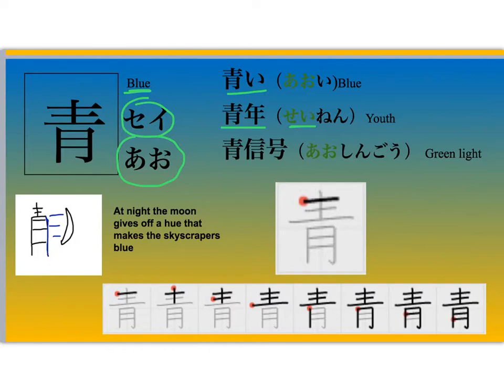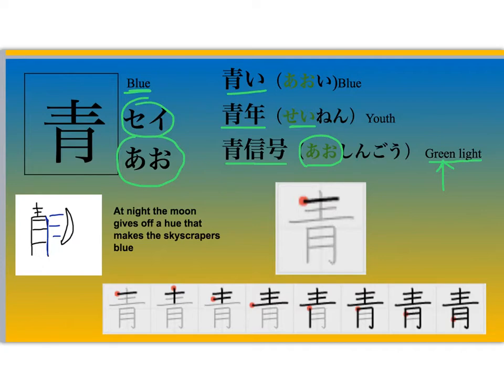You also have ao shingo, which interestingly means green light. Japanese consider the kind of light that you see on a stoplight to be blue more than green, but of course it's translated as green. Also ao ringo, so green apples are called essentially blue apples.